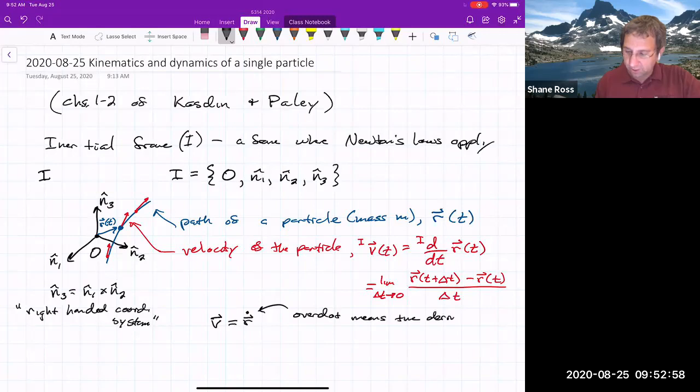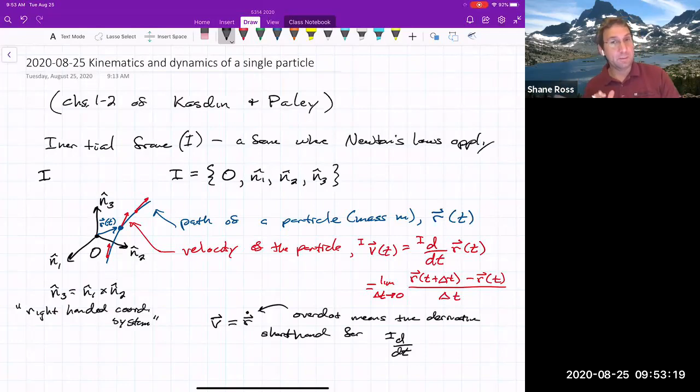So that's shorthand for this derivative with respect to time and with respect to the inertial frame. You say, well, why do you keep emphasizing the inertial frame? You could take the derivative of something with respect to another frame, a moving frame, and that's what we'll get to later. That's why right now I'm emphasizing, no, this is all with respect to the inertial frame.